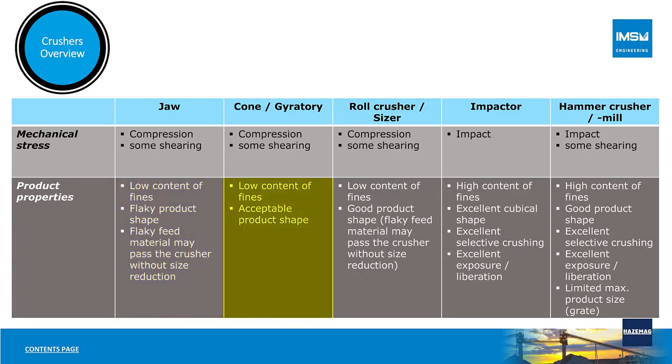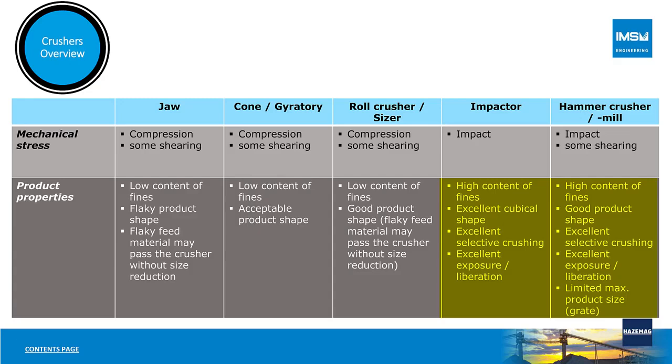While cone and gyratory crushers also produce a low percentage of fines, the shape is improved compared to a jaw crusher. Roll crushing technology or sizer technology produce the lowest content of fines. However, the shape is much more improved compared to the other types of compression crushers. One moves on to impactor and hammer mill crushing technologies.